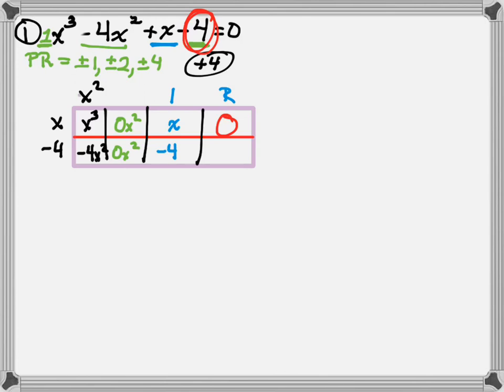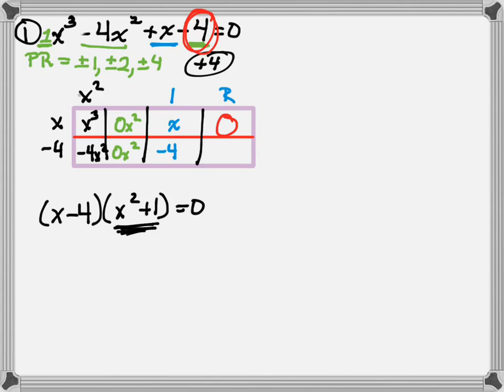So that means at this point I have it factored out to where it is x minus 4 times x squared plus 1 equals 0. I need to either factor or somehow solve what that would be.